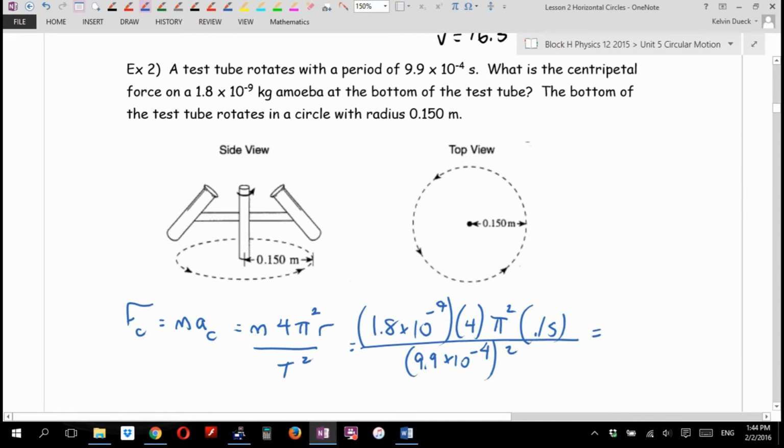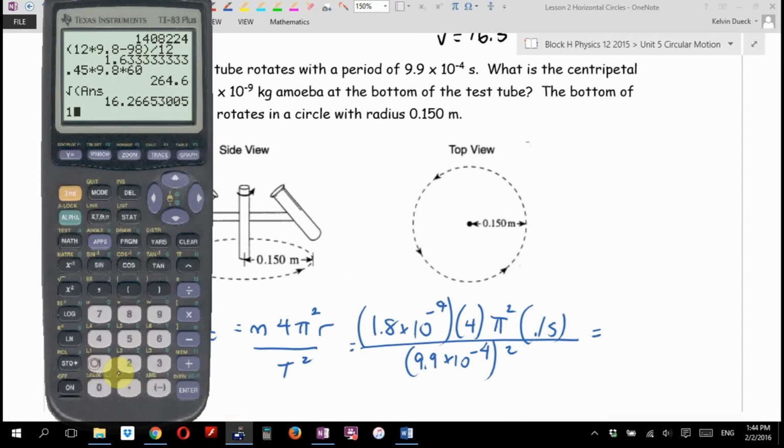Some of you, this will work. Some of you will get an error. Anybody get the error? No one yet?